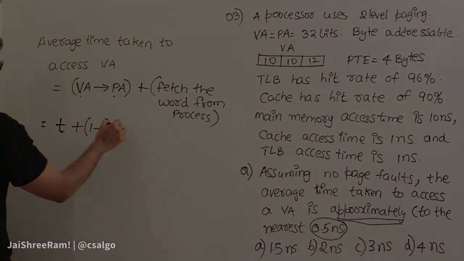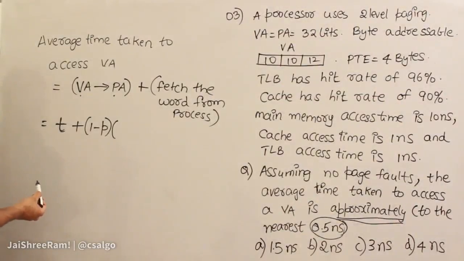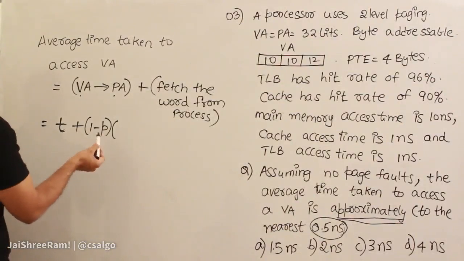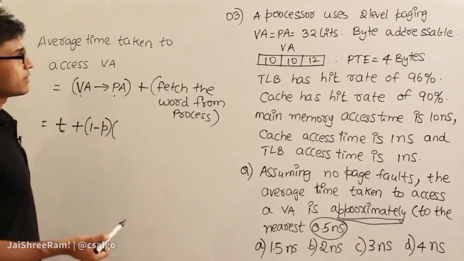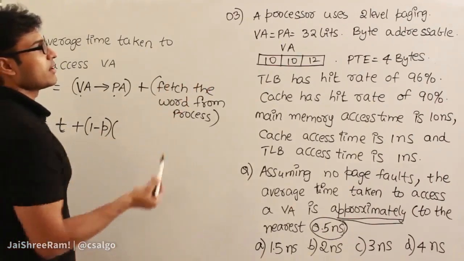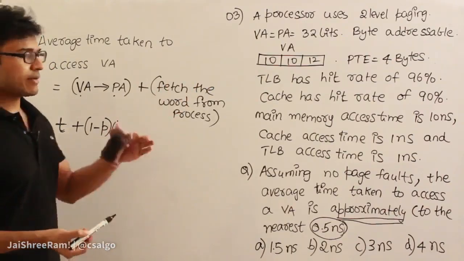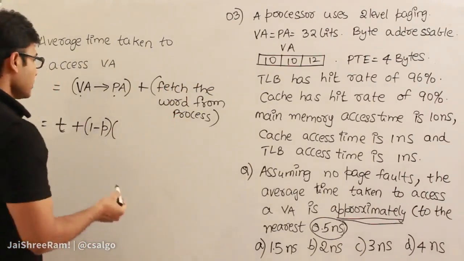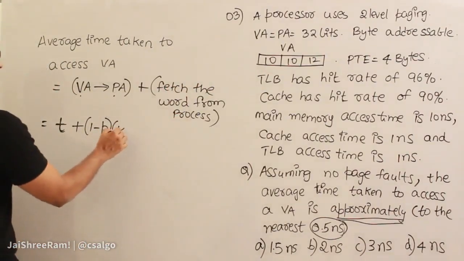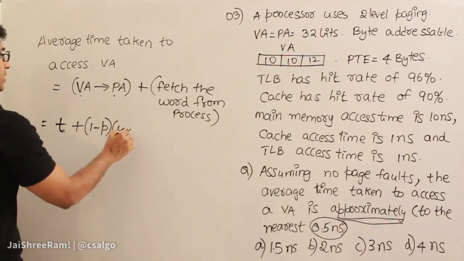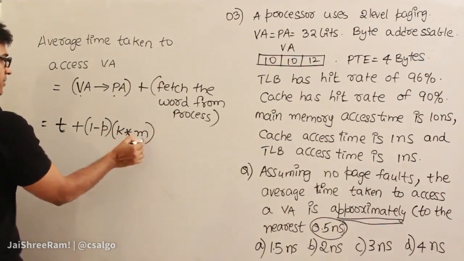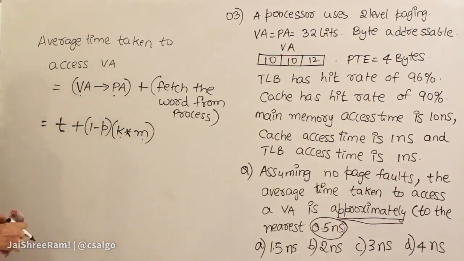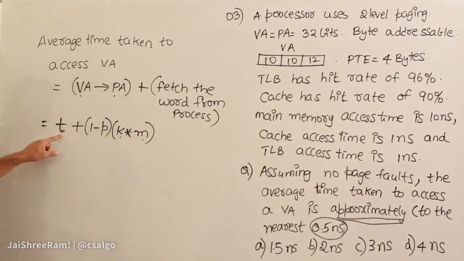If it is a miss in the TLB, then what we should do is go into the main memory and get the page table entry. Now here the main memory contains two levels, right? When there are two levels of pages, I might have to search in two levels, right? So let me write it as K. K is the number of levels used in the page table, K into main memory access time, because I have to access the main memory these many times. Are you understanding this? If it is present in the TLB, it is T, right?